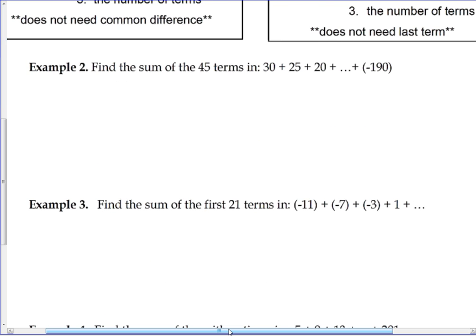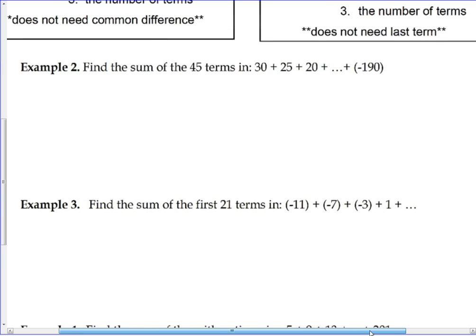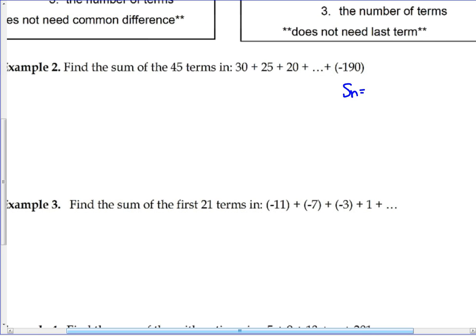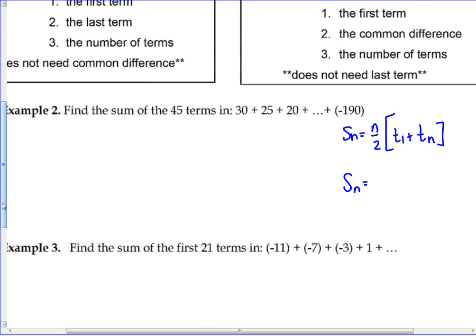So this question says find the sum of the 45 terms in this sequence. We have 2 formulas, the easy one and the hard one. Which one can I use, the first one or the second, or do I have to use the second? Can I use this formula here?